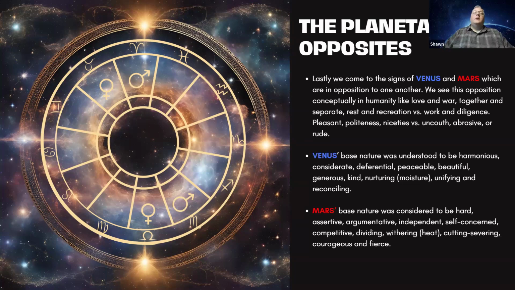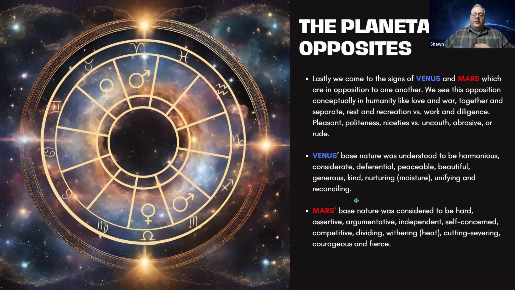Think about the time of year that Venus rules. She rules the springtime. What happens in spring? Seeds come to life. There's a growing warmth, and there's also a cool moistness in the earth. That moisture allows seeds to break open and to bring forth life. That cool, moist quality was associated with Venus. Venus cares about unity.